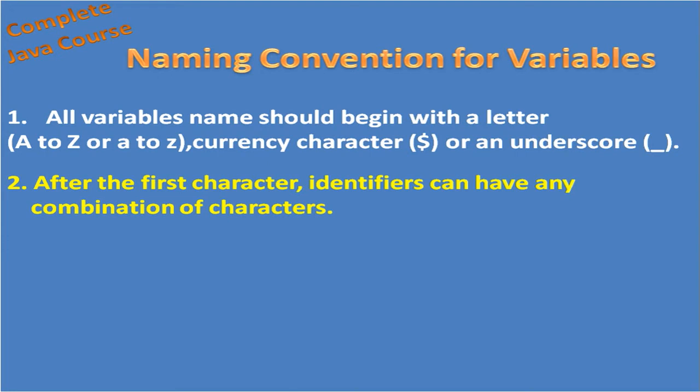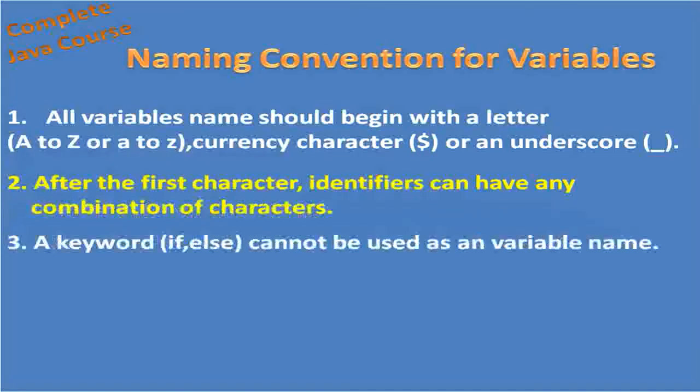Number 2, after the first character, identifiers, also called the variables, can have any combination of characters. It means after the first character you can give another character or any combination of characters. Number 3, a keyword like if, else cannot be used as a variable name.